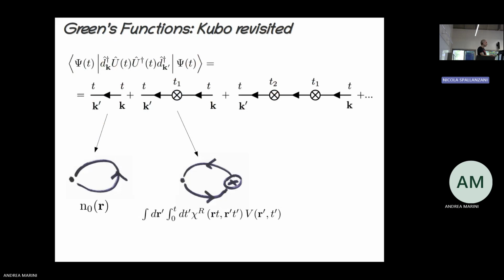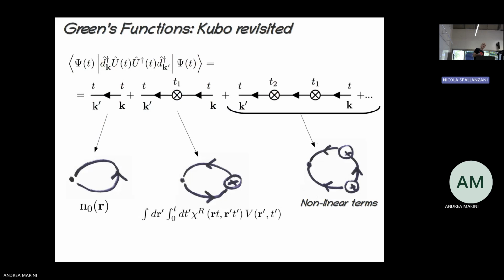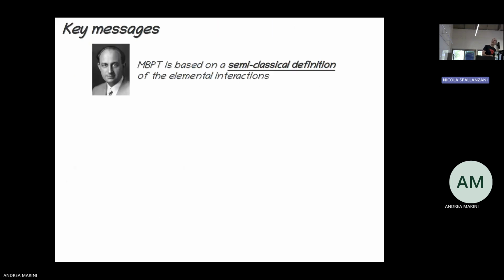So Kubo just corresponds to the first-order expansion of the density using Green's functions. Then if you go beyond, you have nonlinear terms. So in many-body, you can obtain Kubo quite easily at first order in perturbation theory.